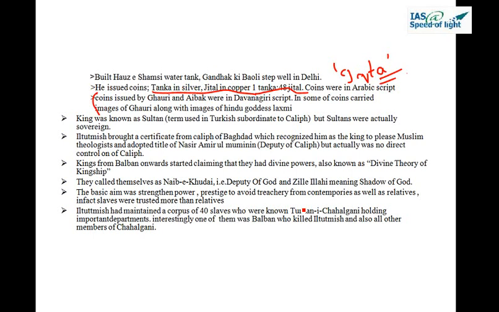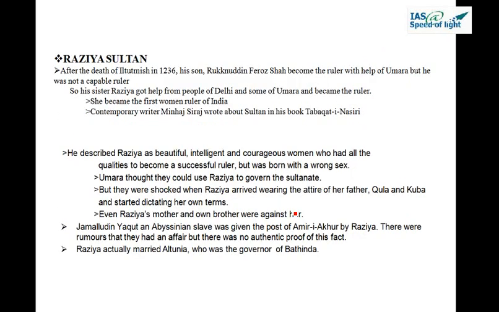As we have discussed last point, Iltutmish had maintained a corpus of 40 slaves who were known as Turkan-e-Chahalgani, holding important departments, and interestingly one of them was Balban, who killed other members of Chahalgani. We will see how Balban became the king. So here we finish Iltutmish.